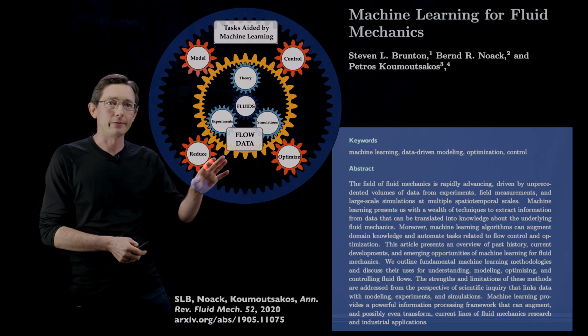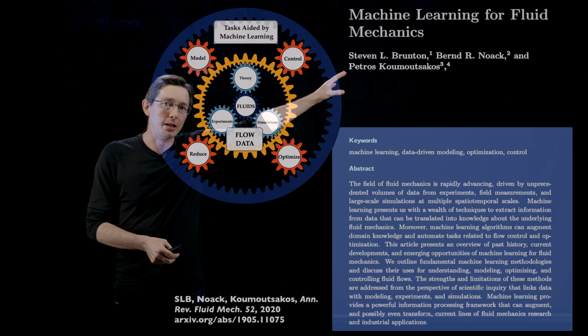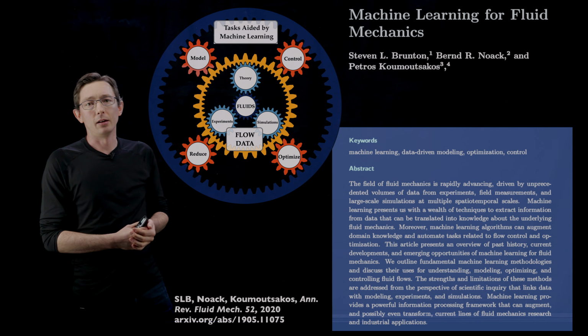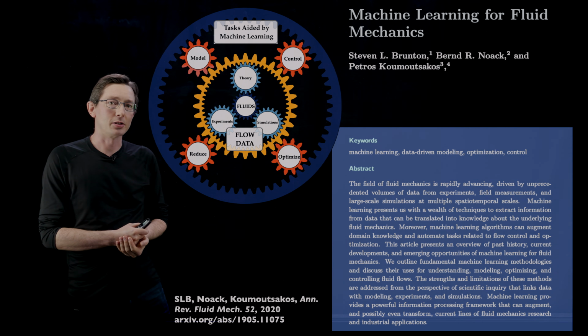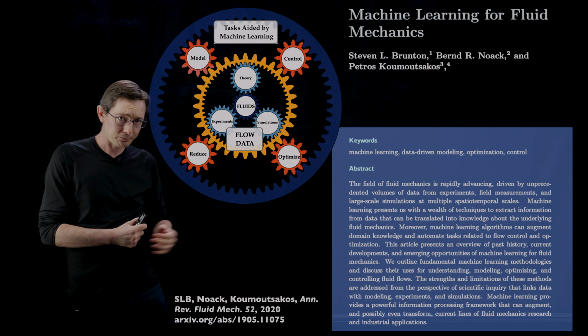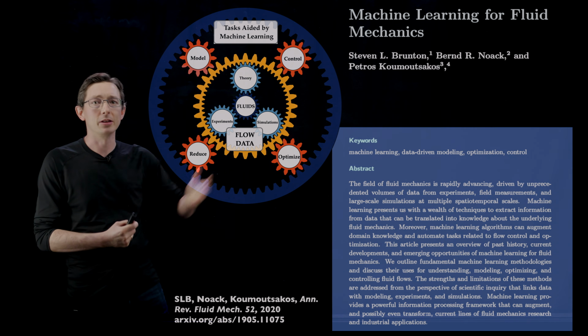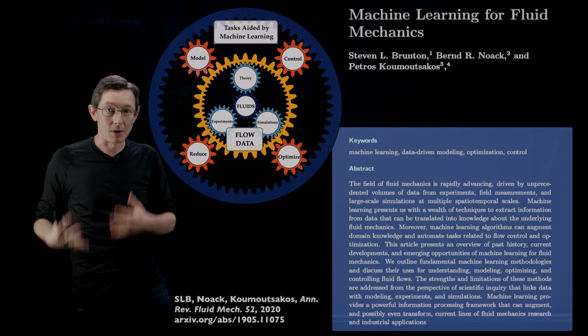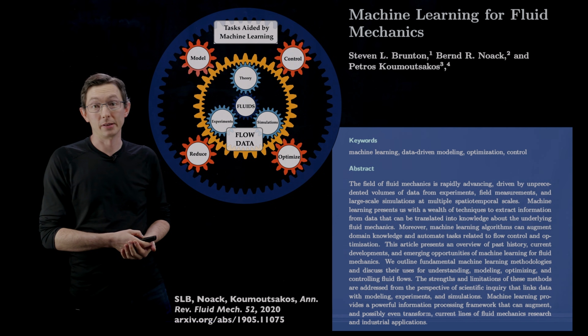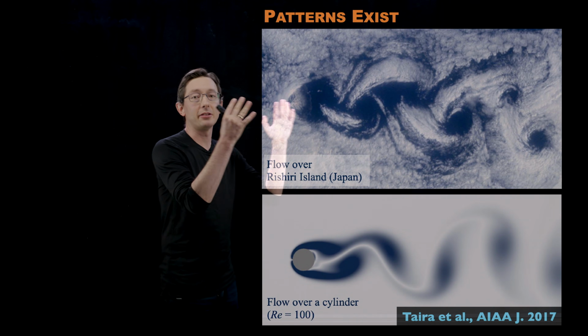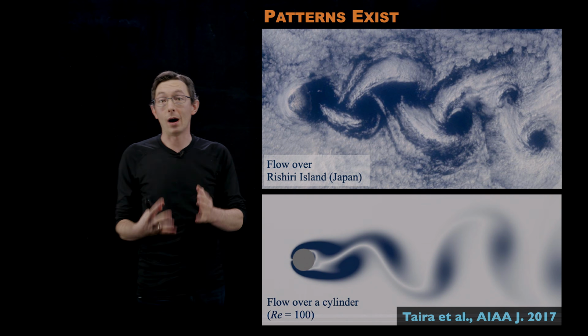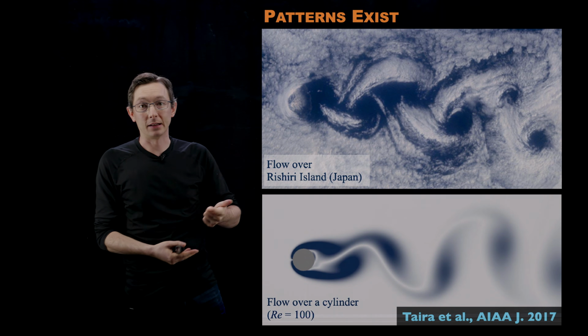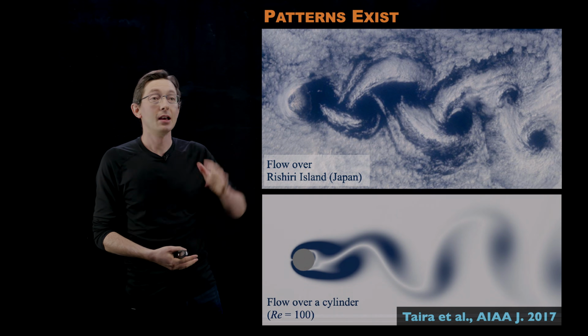A lot of this is going to follow some of the material outlined in this review paper with myself, Bernd Nowak, and Petros Koumoutsakis from 2020. And we're going to talk about how to use optimization for modeling and control in fluids. Good. All right, so I've been bringing this up over and over again, this idea that patterns exist in the data, and that's why we think we can model and predict and control these fluid systems.